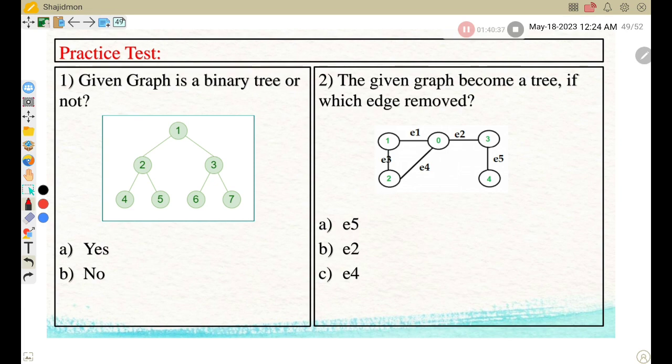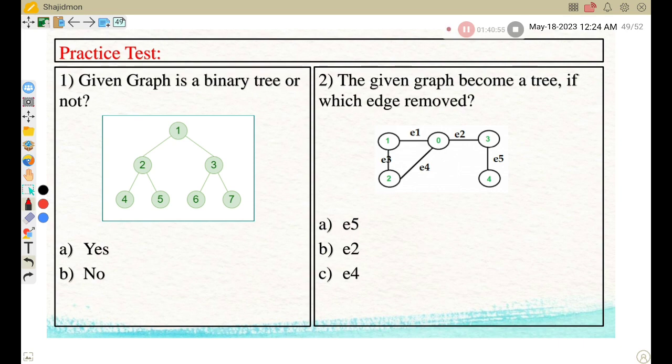What are we checking for a binary tree actually? Binary tree means each vertex has either 0 child, 1 child, or 2 children. That is the meaning of a binary tree.